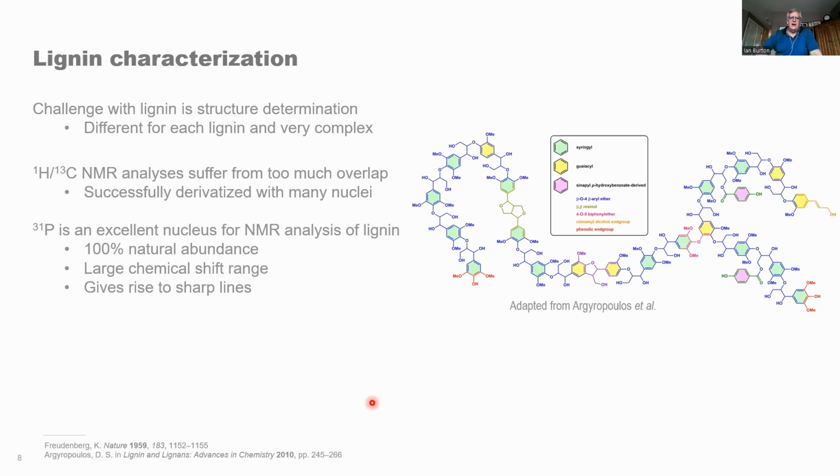So when we phosphorylate something like this, we're basically adding phosphorus to where all the OH groups are in this polymer. The chemical shift of those phosphorus environments tells us something about the linkages and the other functional groups that are around it.